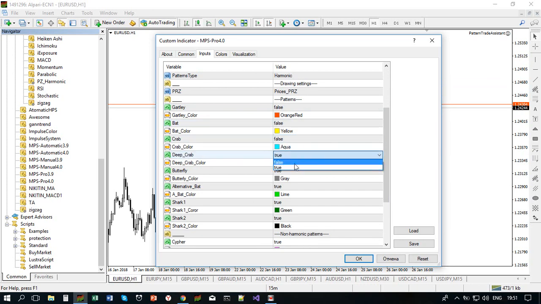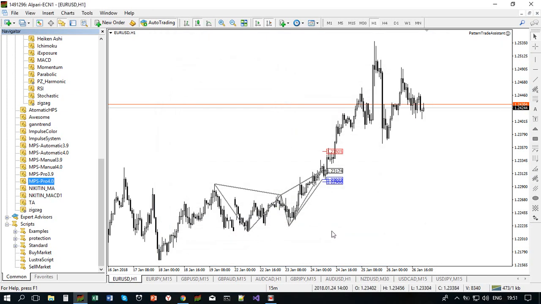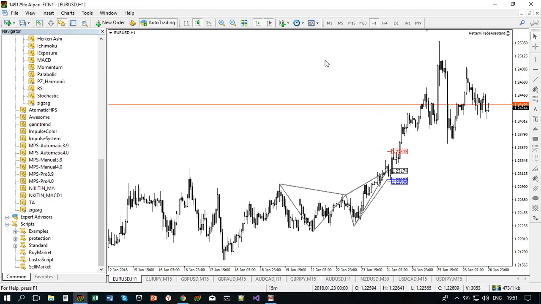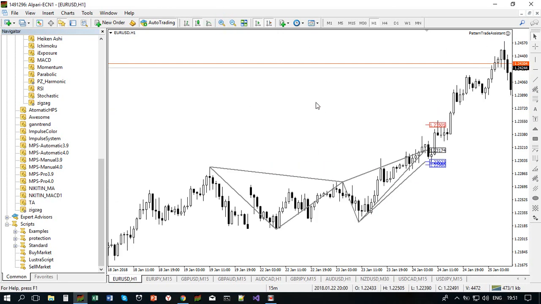Of course, you will be given very many patterns if you enable them all, and it will be kind of messy. So I simply want to isolate it to give you the same picture we have with Formation Seeker. Okay, here's the butterfly pattern. Let us compare the numbers.